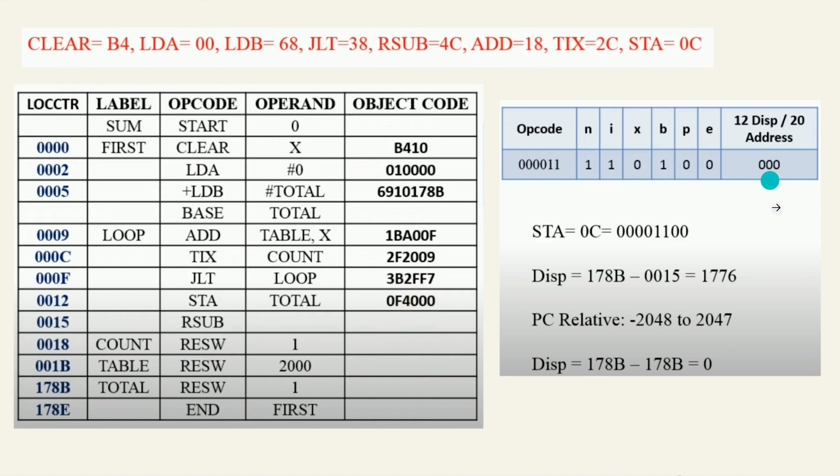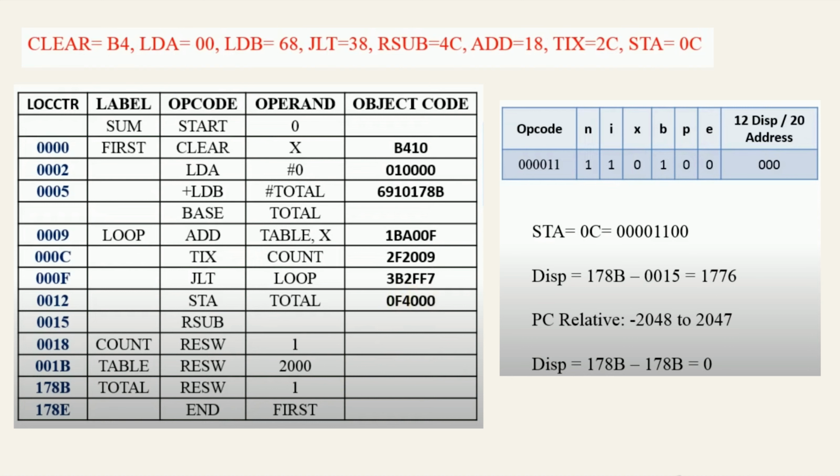Okay, so over here we see that it is neither indirect nor immediate. It is not indexed addressing mode, and total uses base counter. That is what we saw over here, correct? So we are using base counter over here, and we are not using program counter. It is not a format 4 instruction.